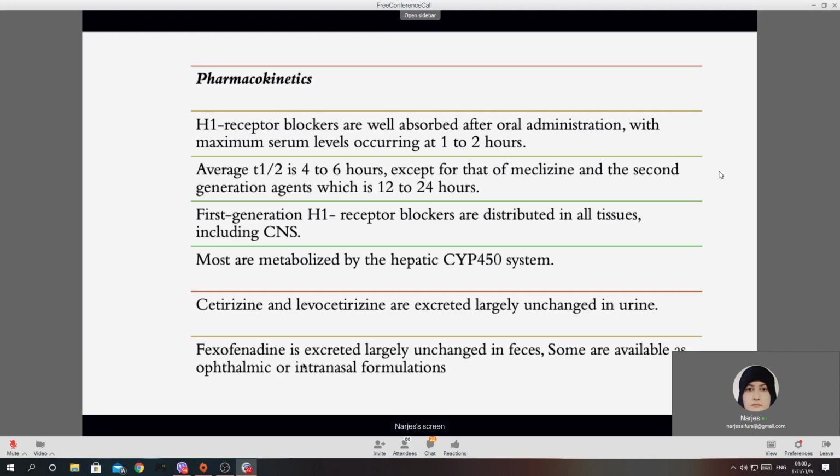What about absorption? Generally, antihistamines are well absorbed after oral administration. Serum level can reach its maximum after 1 to 2 hours.